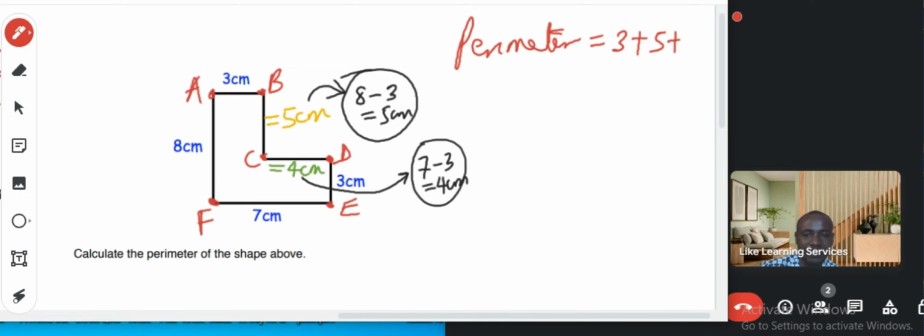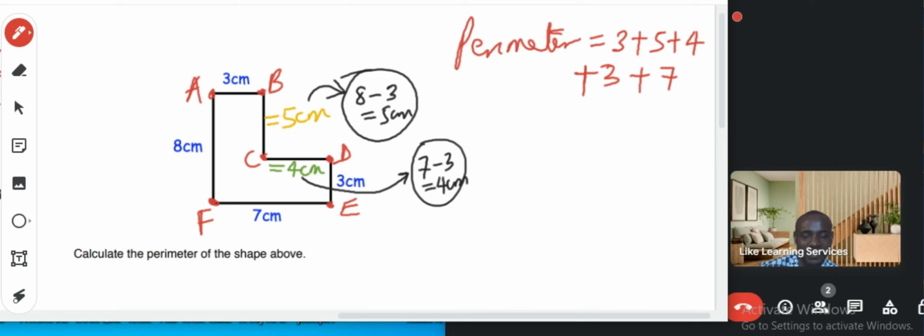C to D is what now? 4 centimeters. Plus 3 centimeters, plus 7 centimeters. Is that all?